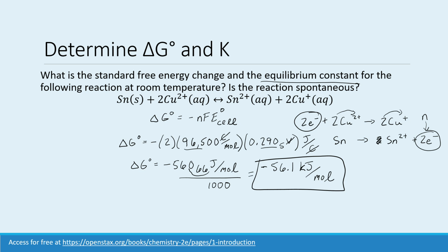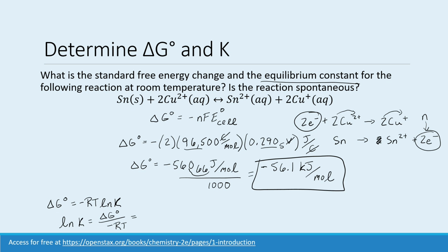It's just an easier equation, and so we get delta G is equal to negative RT times the natural log of K. And of course we can rearrange this equation so that the natural log of K is equal to your standard Gibbs free energy divided by negative RT.